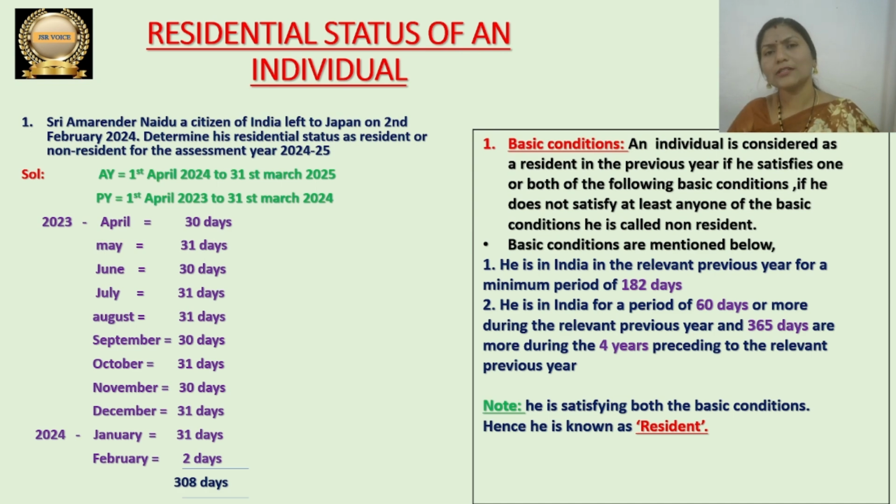Then what are those basic conditions? You can see on the right side, I have given those basic conditions. I will read first what I have given there. You can listen to that and you can see that.